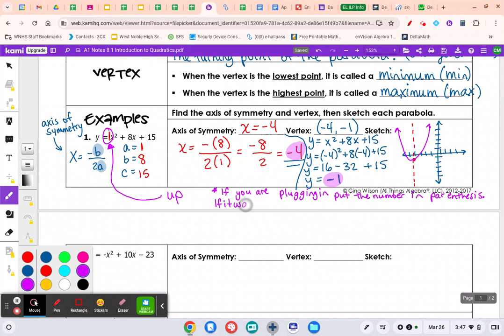If it was already in parentheses, keep them. Okay, that'll just help you with solving, plugging into the calculator, and all of that.